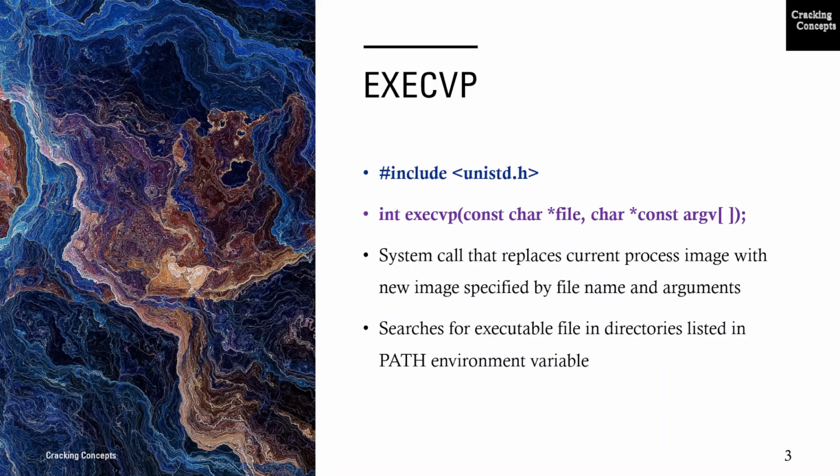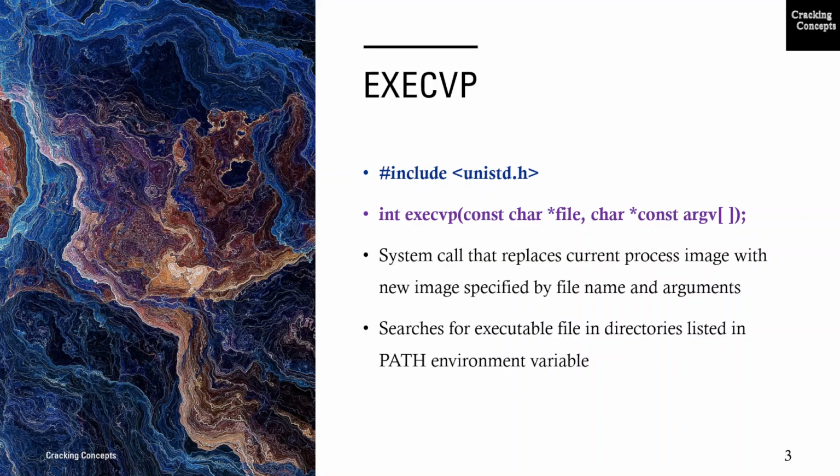Now we'll see in detail about execvp. This function has the header file unistd.h and this being its format for the function, which has a return type of int. Now the exec family of functions replace the current process image with a new process image. The new image shall be constructed from a regular executable file called the new process image file.